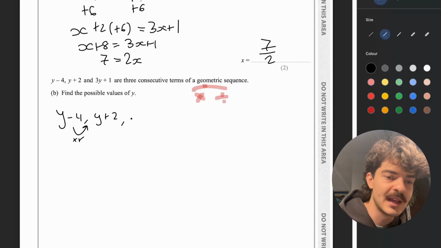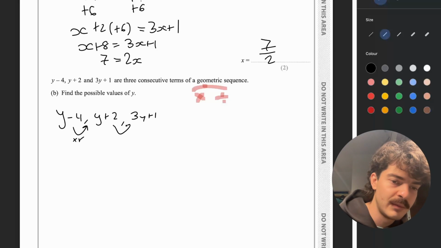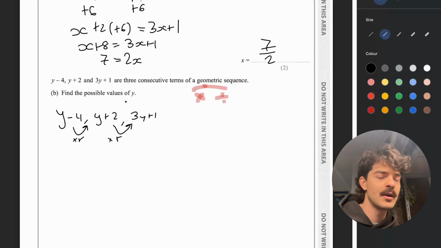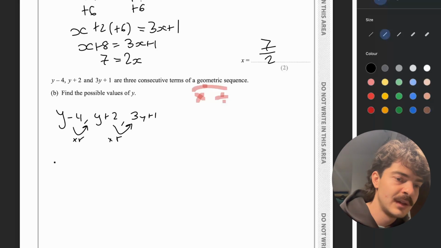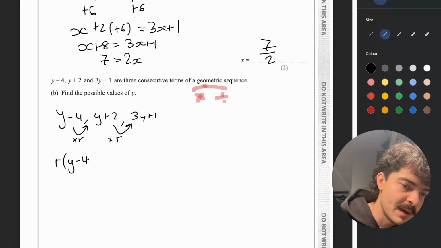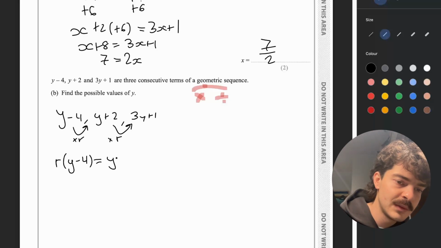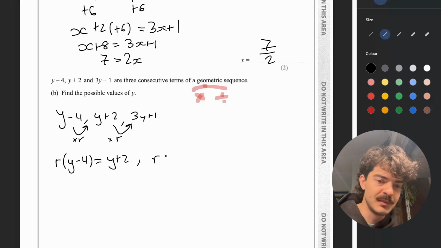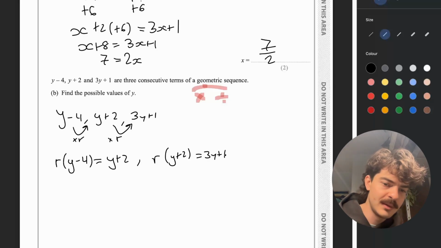And then once again, to get to 3y plus 1, we've multiplied by another value of r. So you could argue that r times y minus 4 equals y plus 2. That makes sense? r times this thing is this thing. Similarly, r times y plus 2 is equal to 3y plus 1.